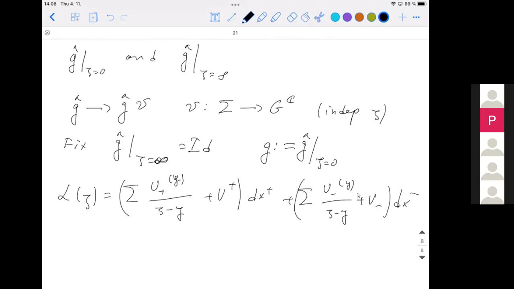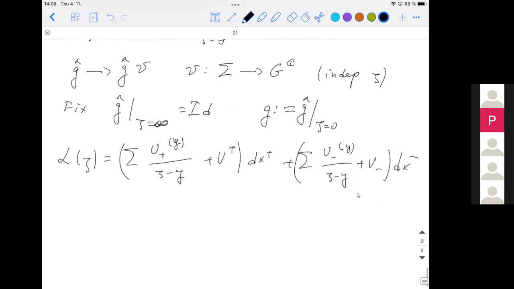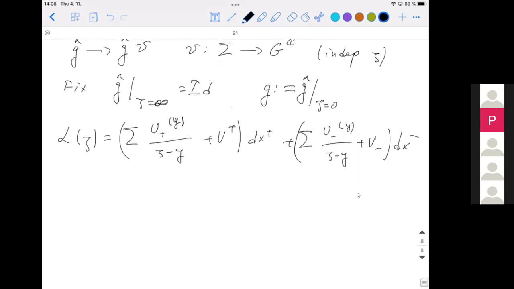Okay. So this was the Lax connection. And for the PCM, the zeros of omega are plus minus 1.